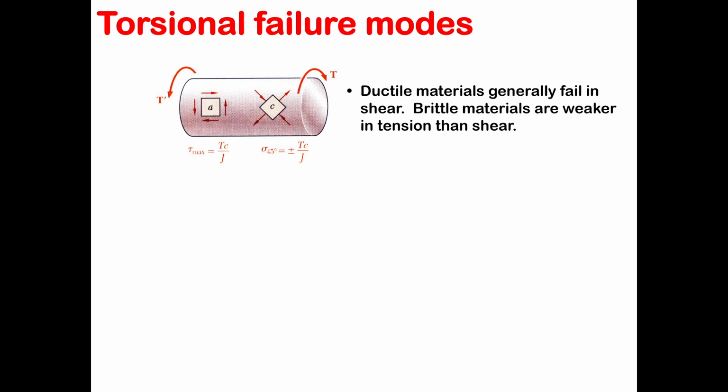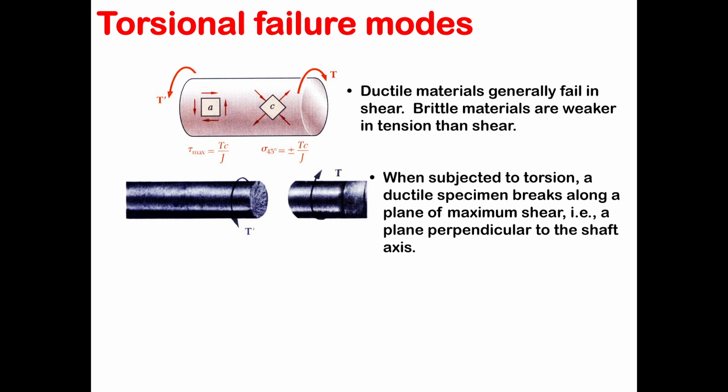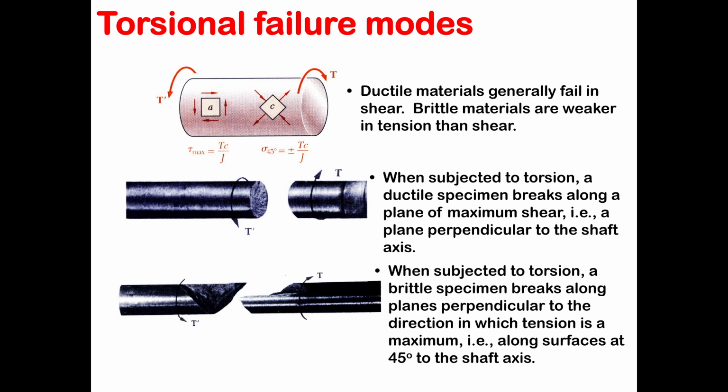It simply means that when you twist a ductile material, your failure is going to look like this because you have the maximum shear in this direction, right? And your brittle material is going to fail like this because you have the maximum tensile stress in the 45 degree direction.